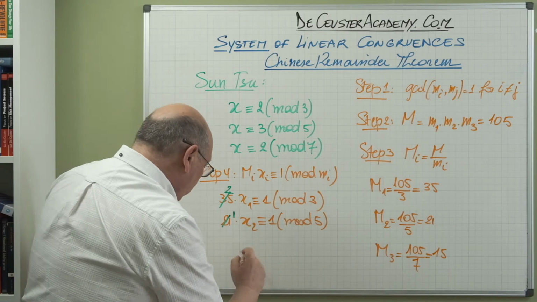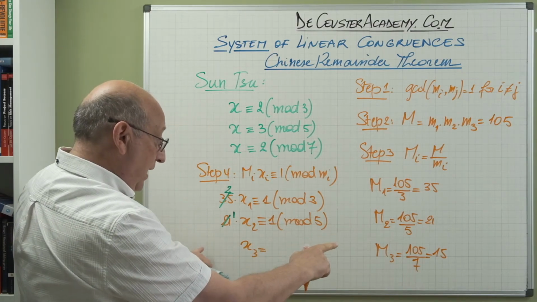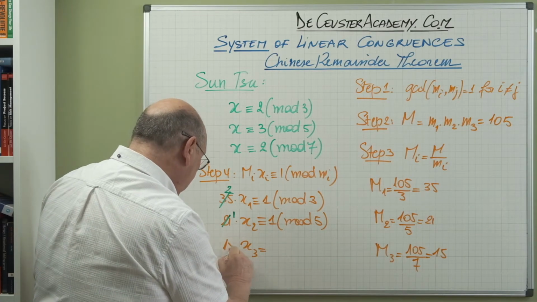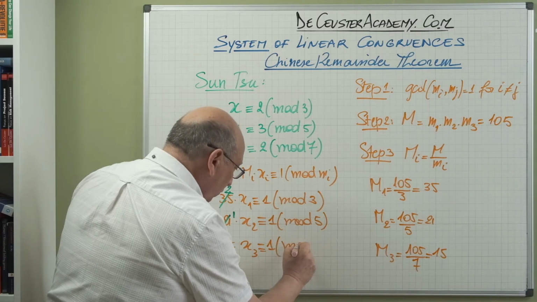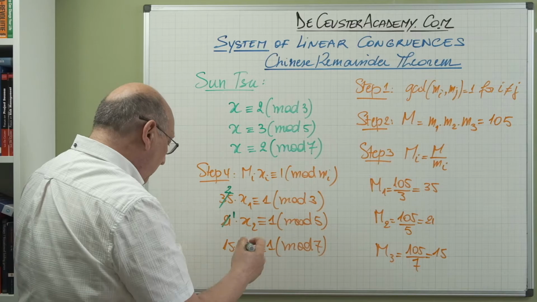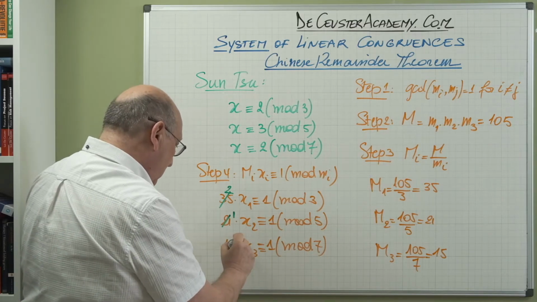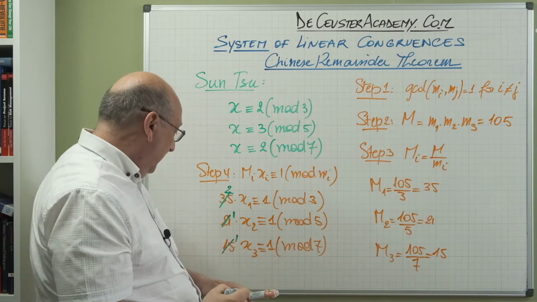And the last one, x3, or M3 times x3, is 15 times x3, congruent with 1 modulus 7. And here we see also that we have 1 because 15 is 2 times 7 plus 1.